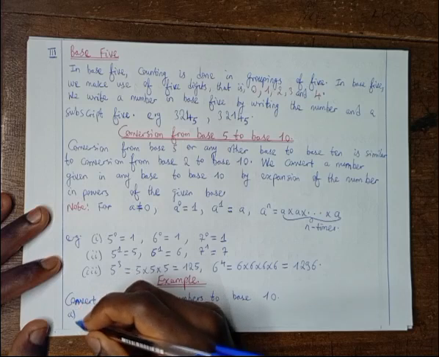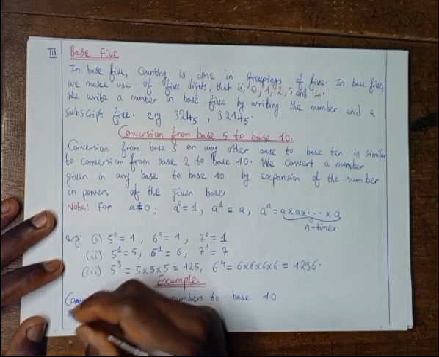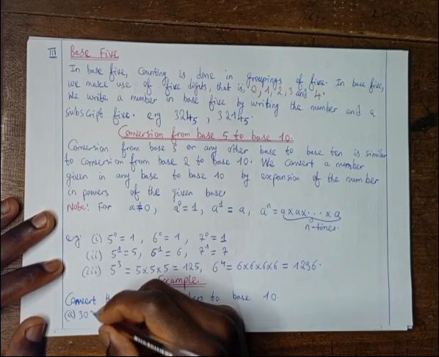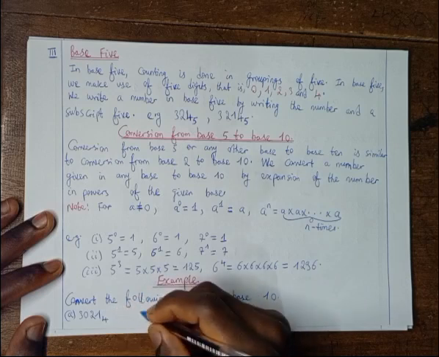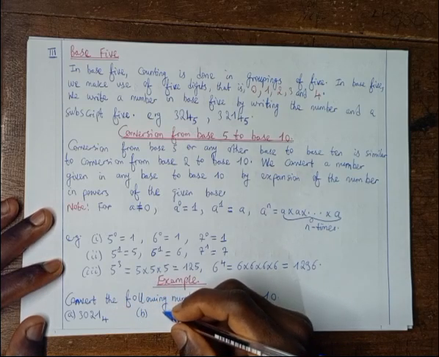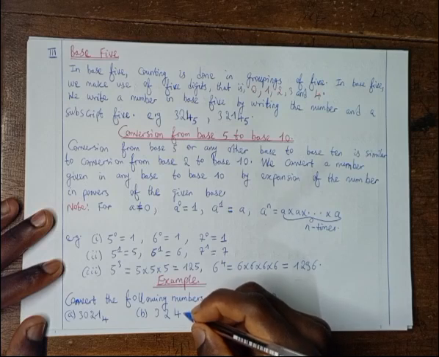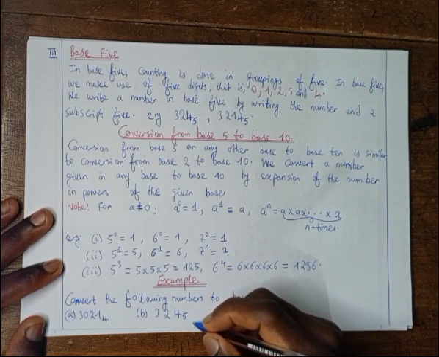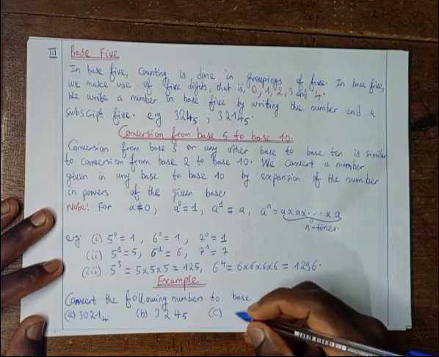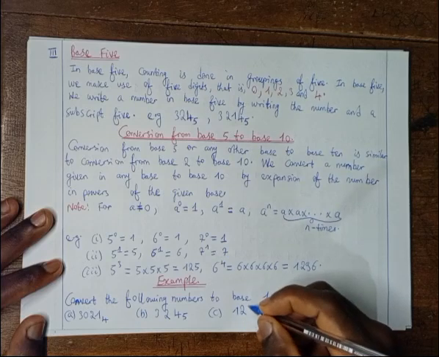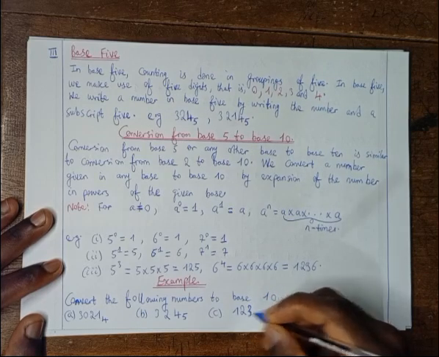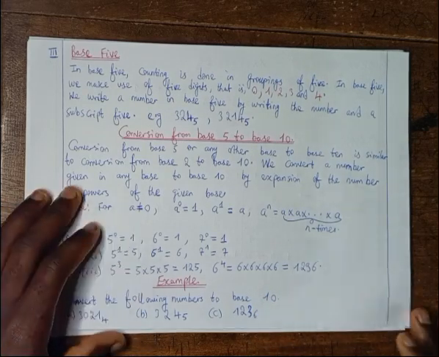First one, A, we have the number 3021, base 4. B, we have the number 324, base 5. C, we have the number 123, base 6.